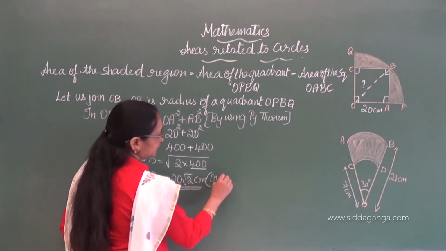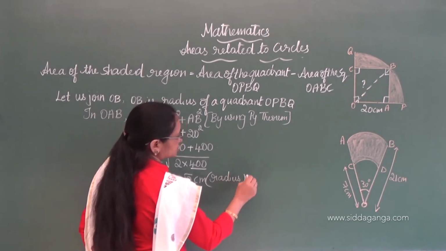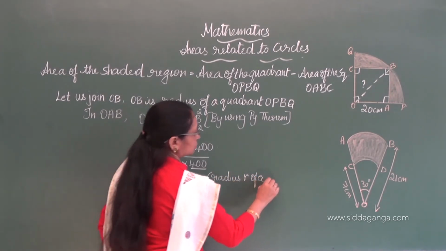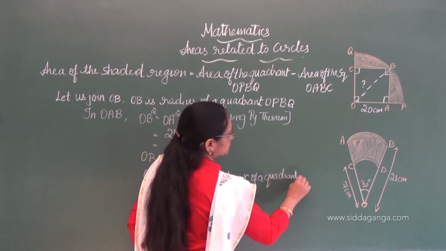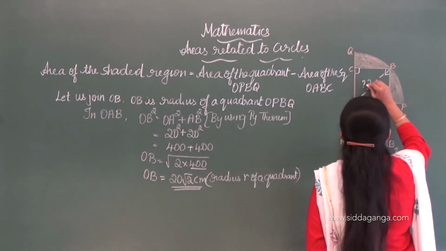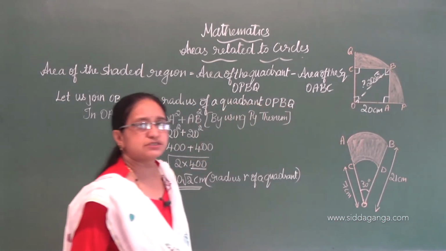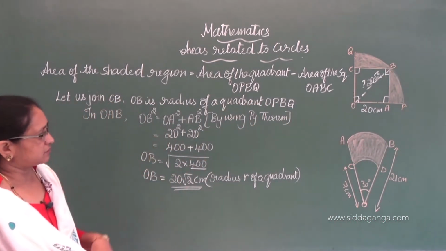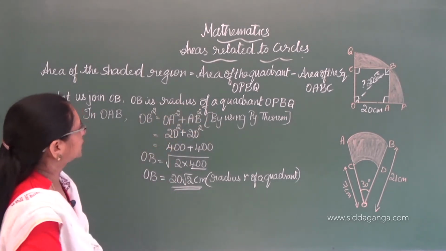So, it is the radius R of a quadrant. Now, once you know this, that is 20 root 2, I think it is easy for you to do the other things there, okay. So, shall I rub this and we shall continue with that.